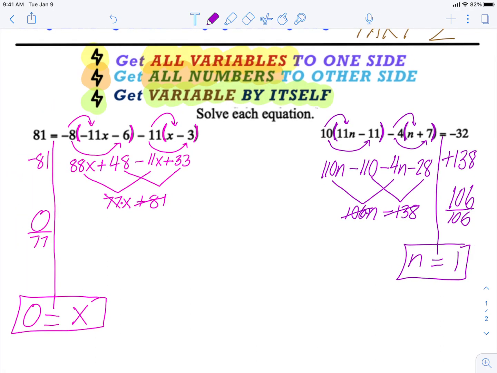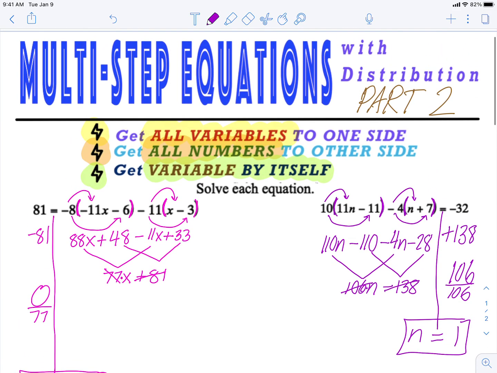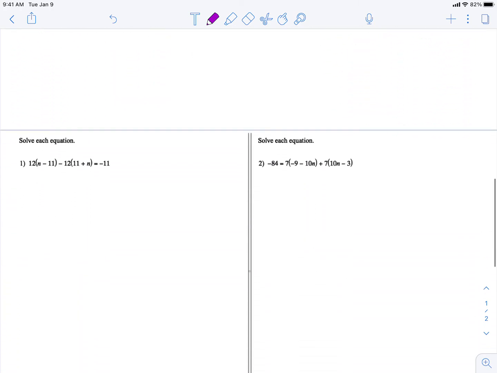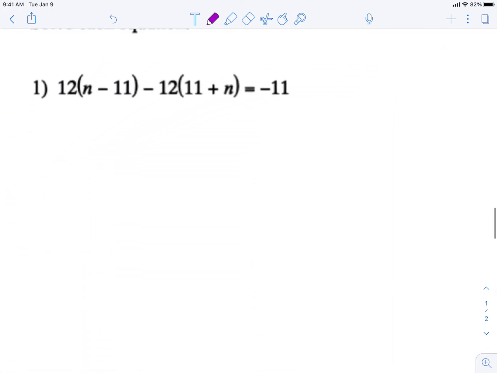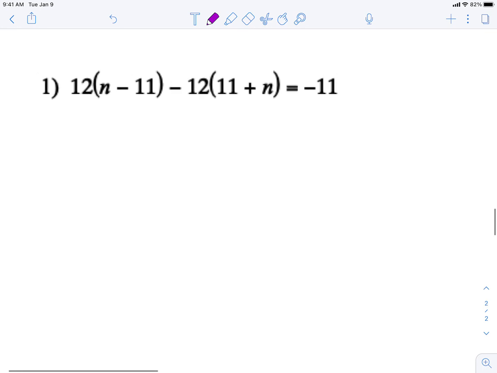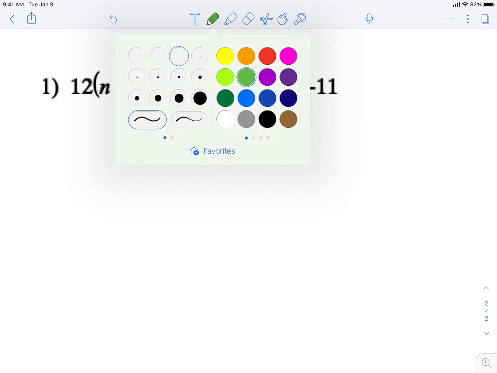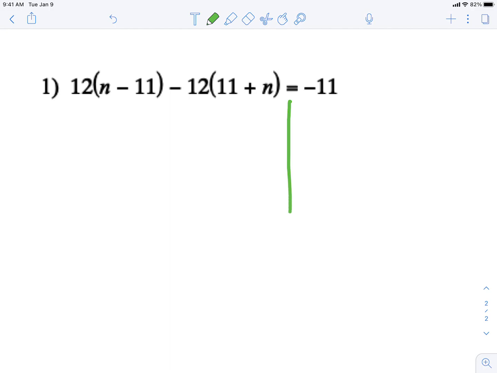Those are my two examples, right, of double distribution, right? So let's do a couple more examples that you're going to see in your work. So, number 1 here, I'm going to draw my line of separation, equal.